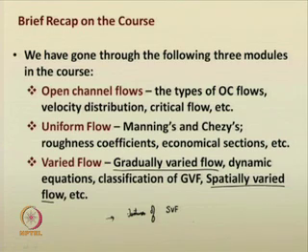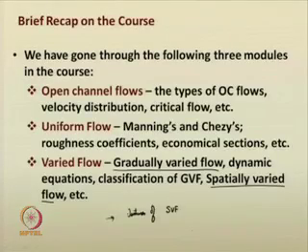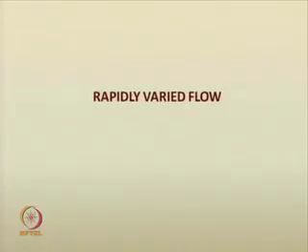In all those situations, wherever possible, we took almost a parallel flow approximation. Even for gradually varied flow and uniform flow, we took the parallel flow assumption. Here, we will go through what is meant by rapidly varied flow.